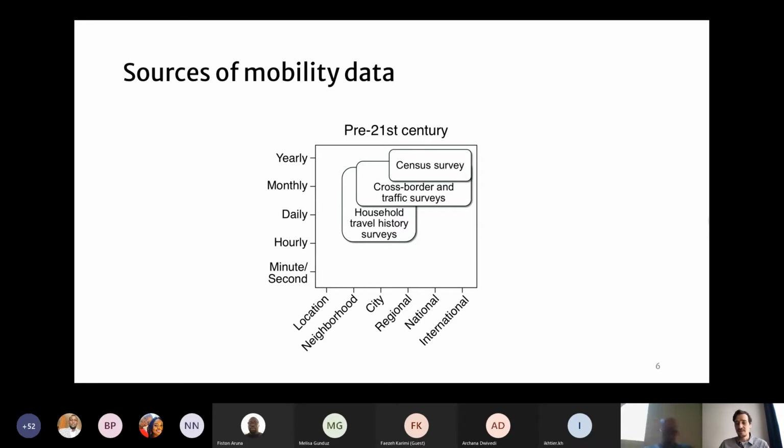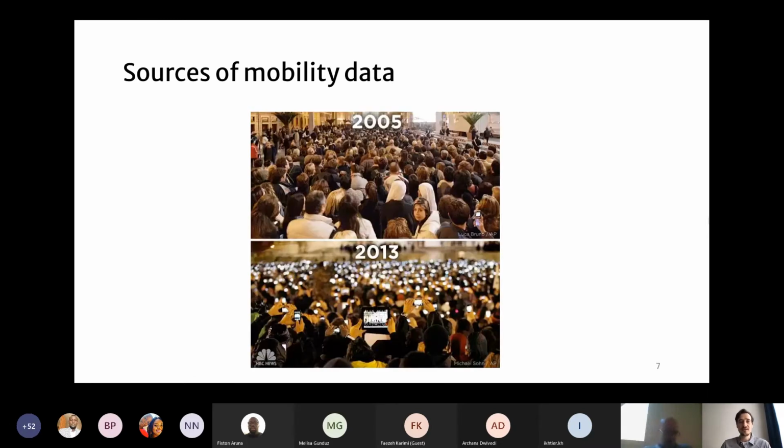But then, in the early 2000s, something miraculous happened, namely that all the people started running around with little sensors in their pockets that measure a lot of their data. These are two pictures from the inaugurations of two popes, Pope Benedict in 2005 and Pope Francis in 2013.